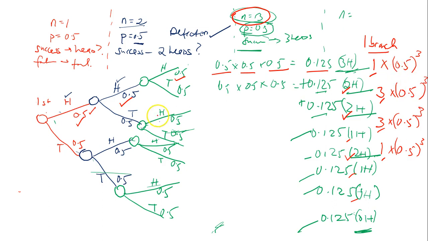Imagine that this had been 0.6 and this had been 0.4.